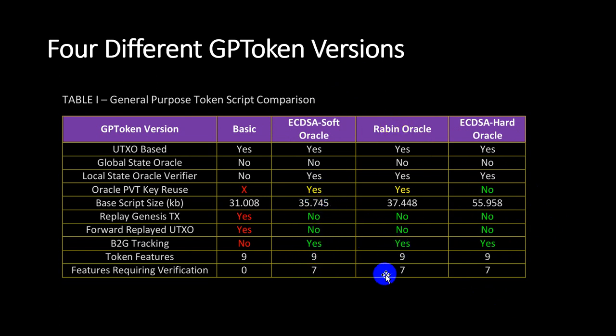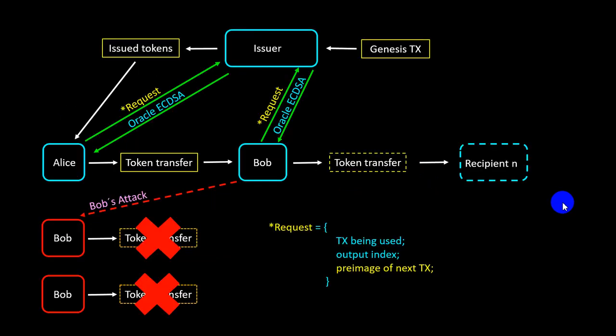The Raven always uses a single private key, as in the soft ECDSA Oracle. So this is our solution to tackle replay UTXO in the UTXO token systems using this Oracle approach.